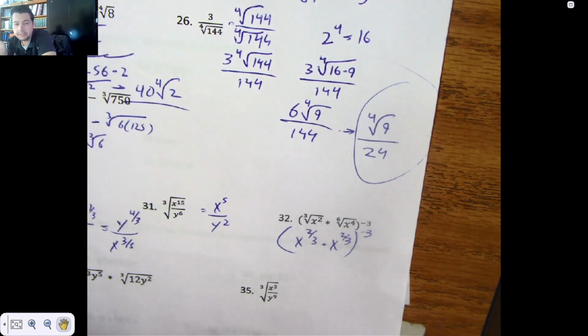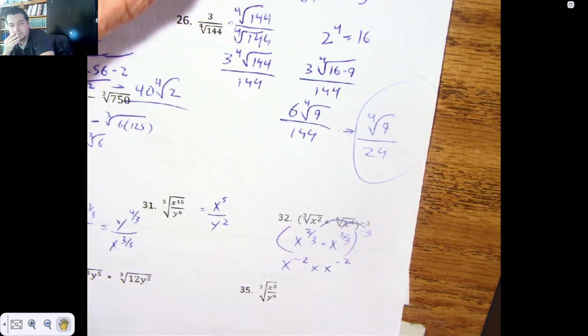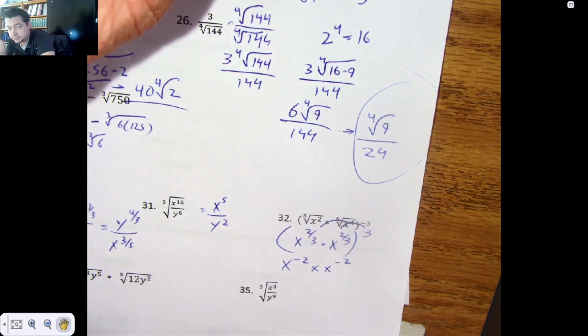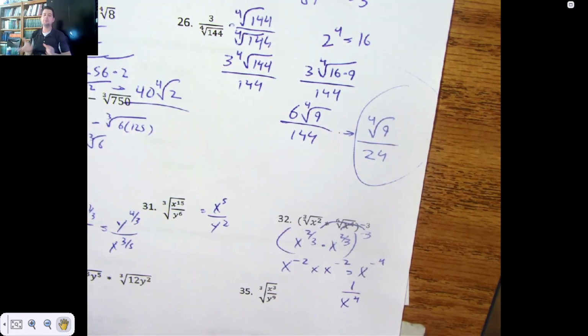And I'm going to distribute my negative. That'll become x to the negative 2nd times x to the negative 2nd. Because the 3's cancel. I hope you see that. This becomes x to the negative 4th, written properly, 1 over x to the 4th, because exponents are always supposed to be positive.